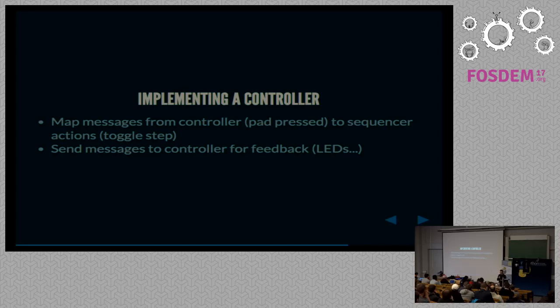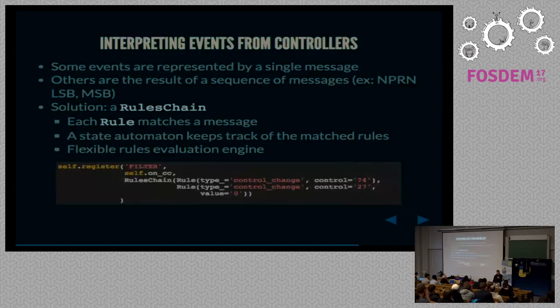So how do I implement a controller? I have to do two things. I have to map messages from the controller, like when this pad is pressed, to sequencer actions, like I want to toggle a step on that action. And I have also to send messages to the controller for live feedback.